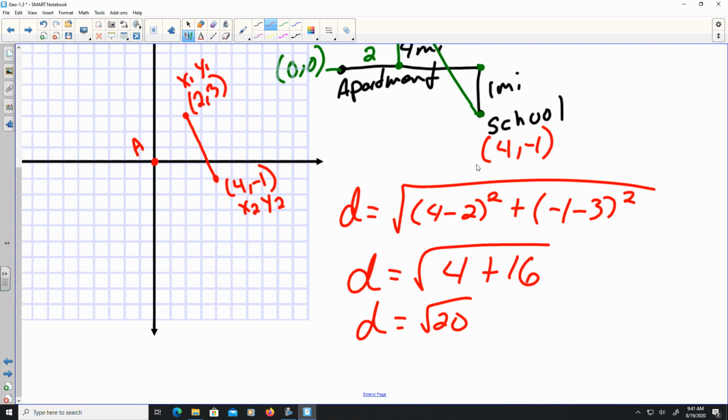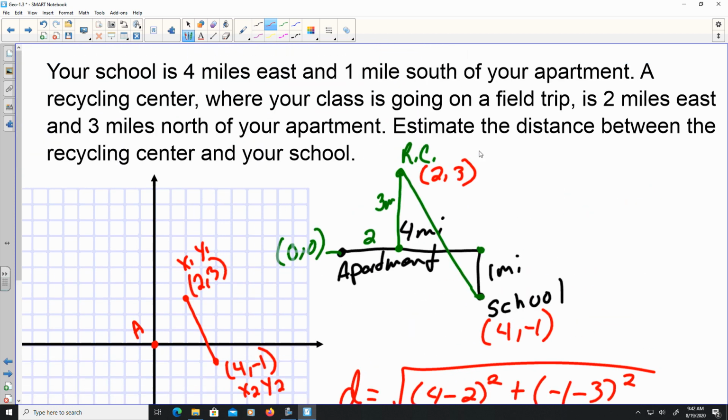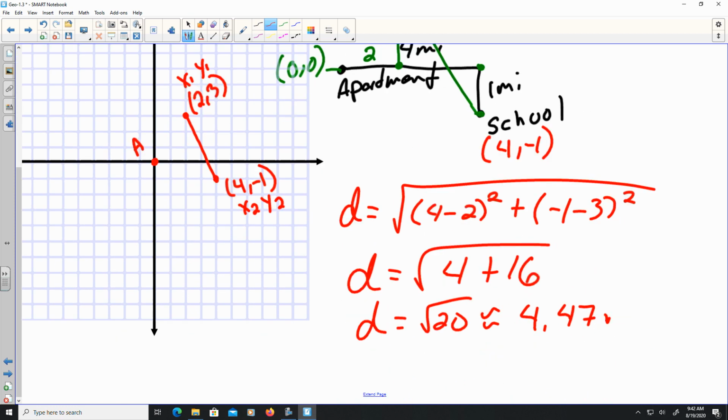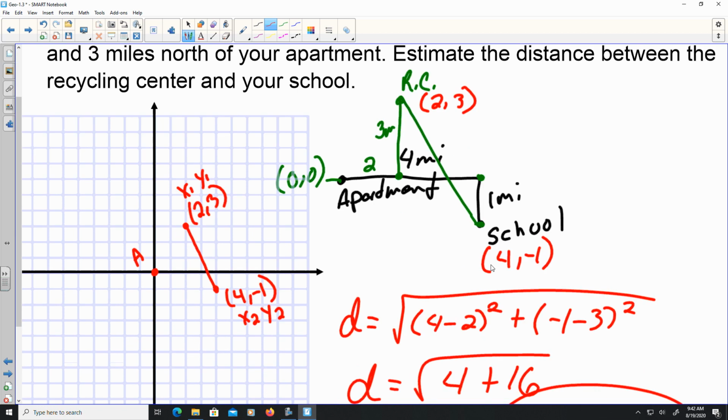They want you to estimate. So the square root of 20 is not a perfect square, so it is about 4.47, I believe, miles away. You could have rounded to the nearest tenth too. It didn't really specify on the rounding of it.